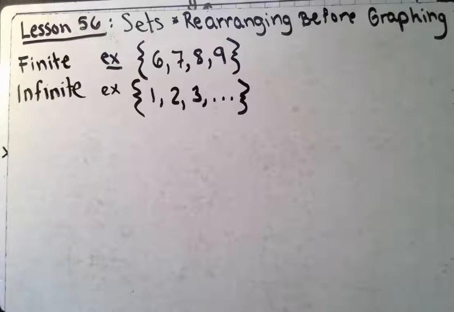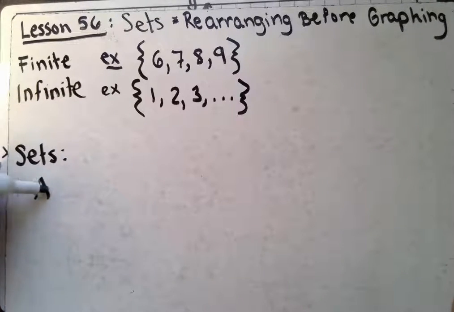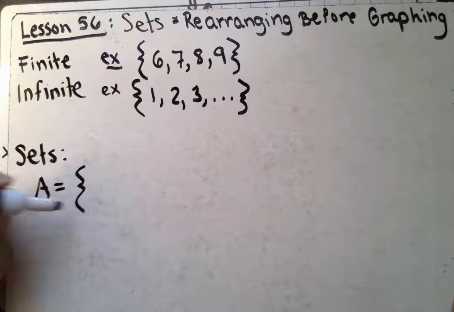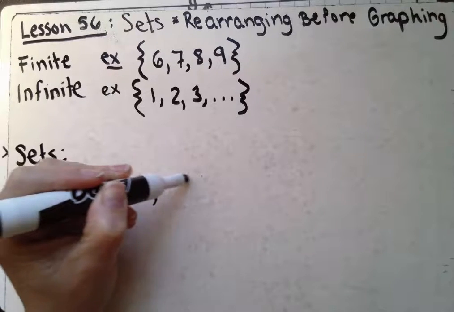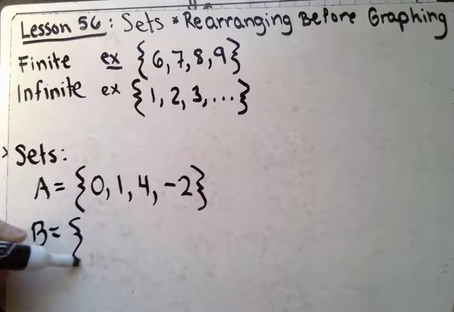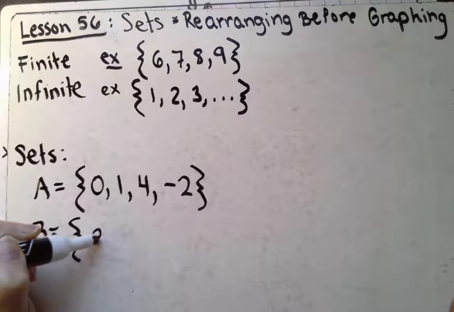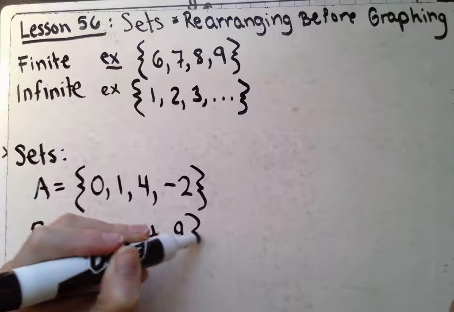So let's do another example. Let's say I have three sets. I have set A equals 0, 1, 4, -2. And I could say set B equals 3, 5, 4, 9.